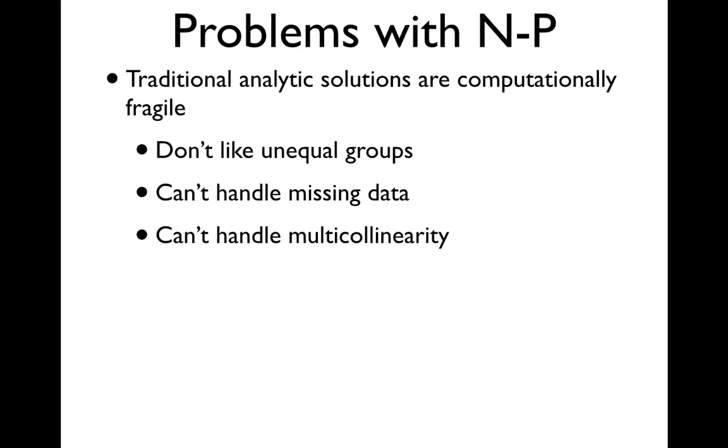If you've got in your regression equation some outcome over here and some number of predictors over here, these predictors are not supposed to be correlated with one another. So if you have both weight and height in your predictor set, we know that weight and height are going to be related, because the taller you are, the more mass you have, so the more weight.